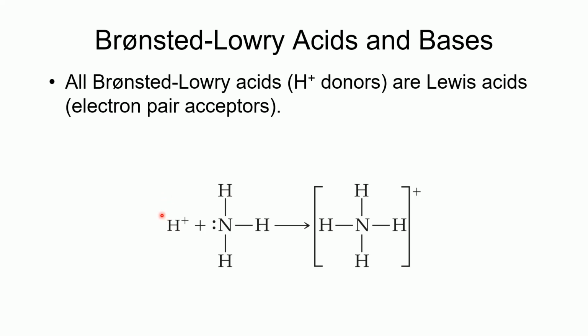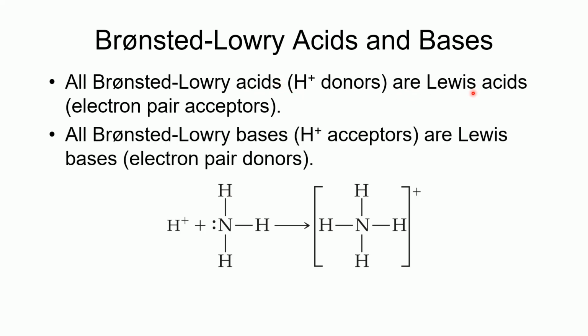Well, what we'll find is that the H+ is donating H+, but it is also accepting this pair of electrons. So since it's accepting that pair of electrons, not only is it a Bronsted-Lowry acid, it is also a Lewis acid.